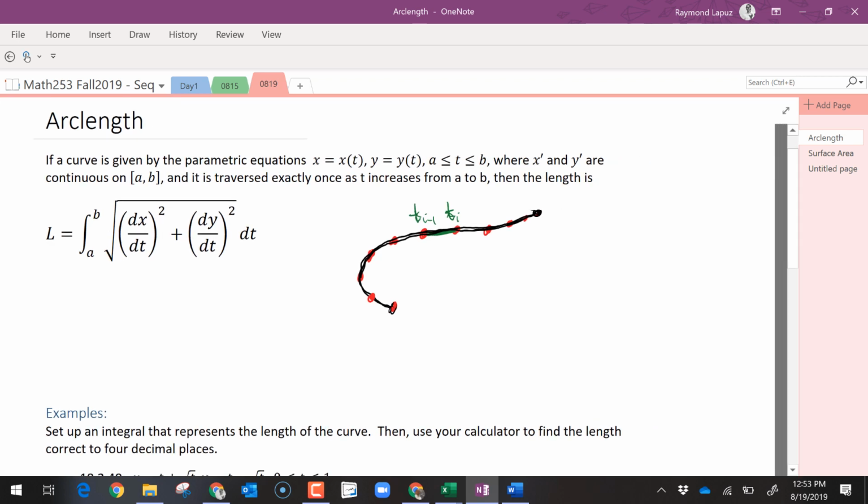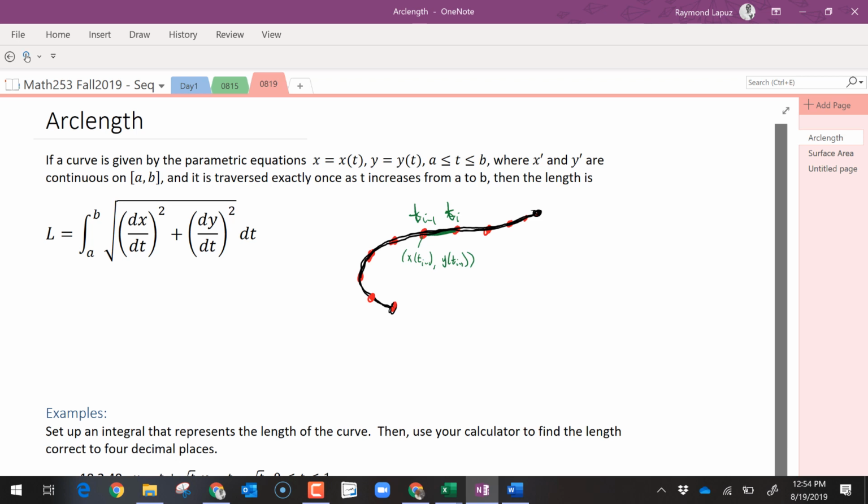So technically this point is, if we want to be really technical, x of t sub i minus 1, comma, y of t sub i minus 1. And then the other one would just be x of t sub i and y of t sub i. So what we would look at is the distance between those two points.